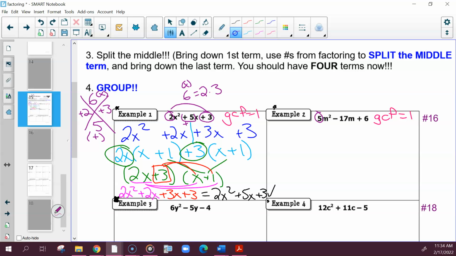We need to multiply 5 and 6. That would be 30. So we're looking for 2 numbers that multiply to be 30, but add to be negative 17. Think of your factors of 30. Of those, what could you add together to get negative 17?